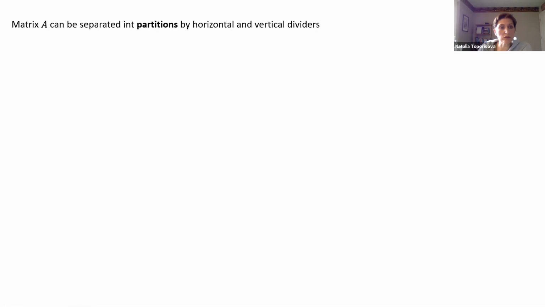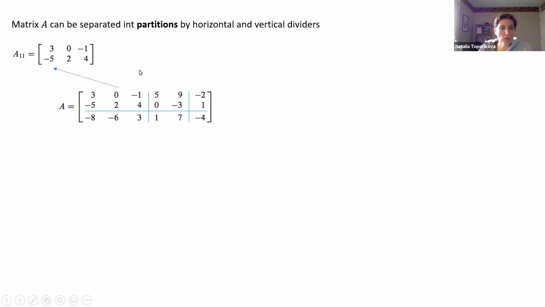So what people usually do is partition it, or slice pieces of our matrices, and use them as submatrices. For example, here we have matrix A, and we can slice it horizontally into 2 parts and vertically into 3 parts and come up with 6 individual matrices.